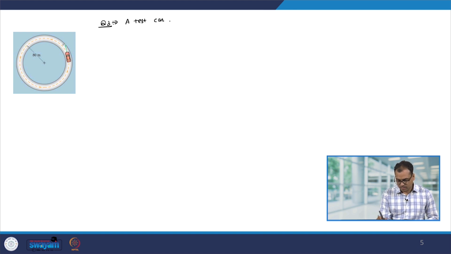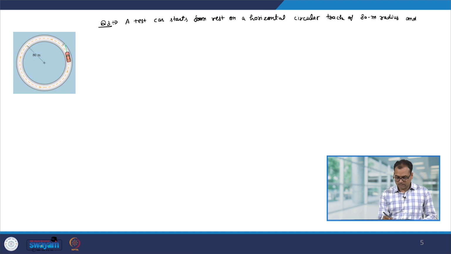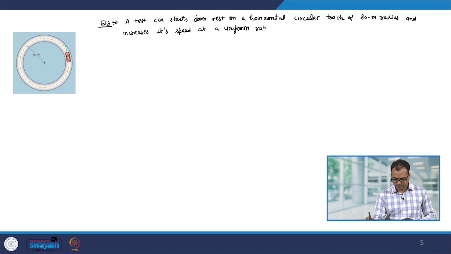A test car starts from rest on a horizontal circular track of 80 meter radius and increases its speed at a uniform rate to reach 100 kilometer per hour in 10 seconds.